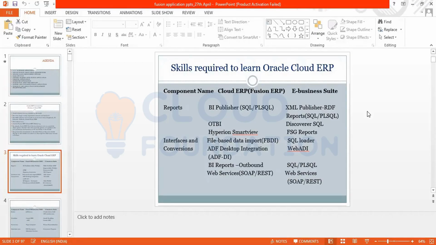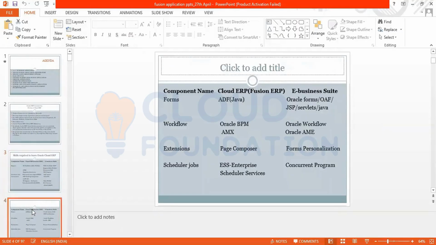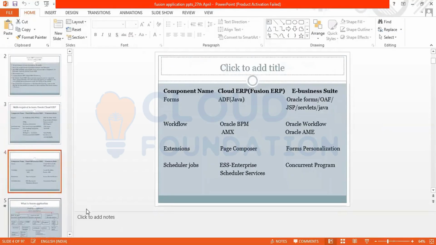And for interfaces and conversions, we have FBDI, that is file-based data import. And we have ADF Desktop Integration. And in E-Business Suite, we have Web ADI. In Cloud ERP, we have BI reports, SOAP and REST web services. And in E-Business Suite, we have web services, SOAP and REST web services. So there's a difference between all these.